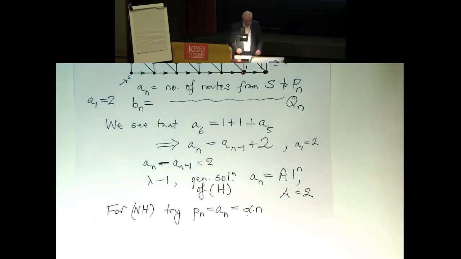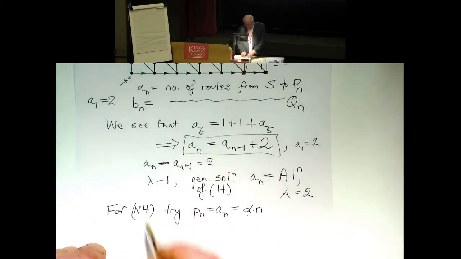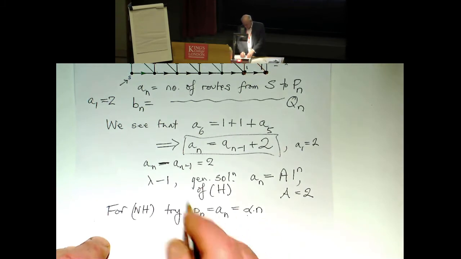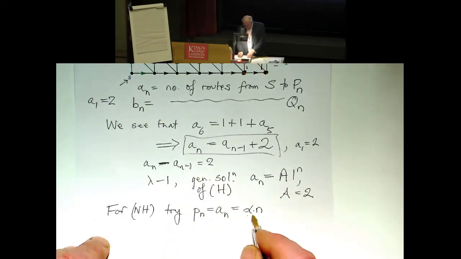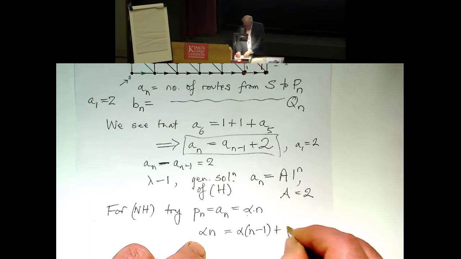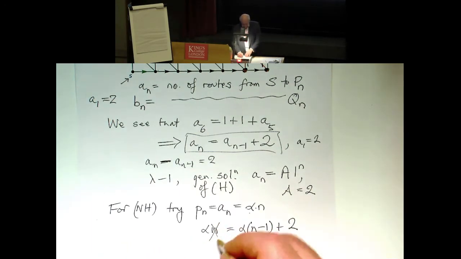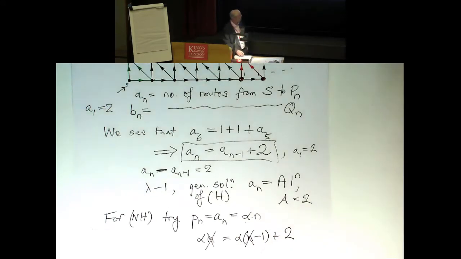So we just substitute that in to this equation, and this is terribly long-winded, but it illustrates our method. We substitute that in, we get alpha n is equal to alpha (n minus 1) plus 2. Now of course we know that the n's have to cancel out, otherwise we'd have made a mistake.